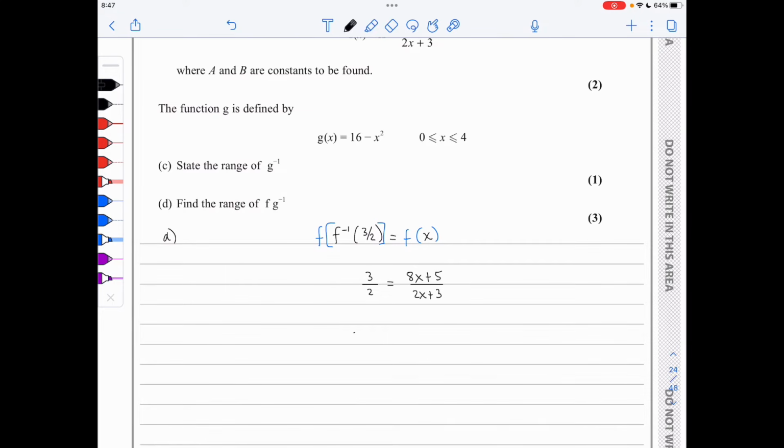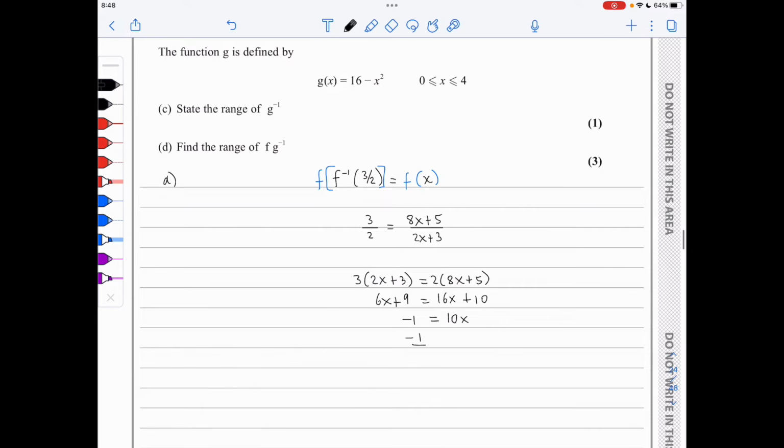I will cross multiply to get 3(2x plus 3) is 2(8x plus 5), which leads to 6x plus 9 is 16x plus 10, and therefore minus 1 is 10x, and this leads to minus 1 over 10 being the value of x.